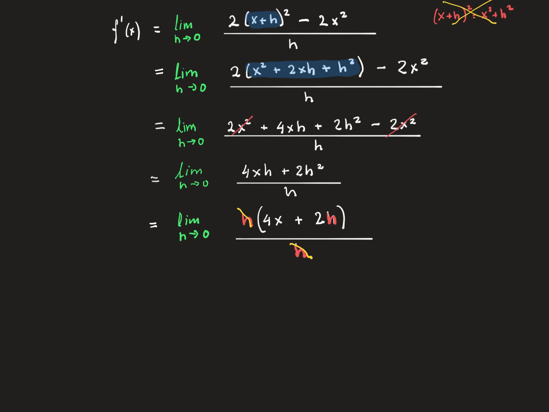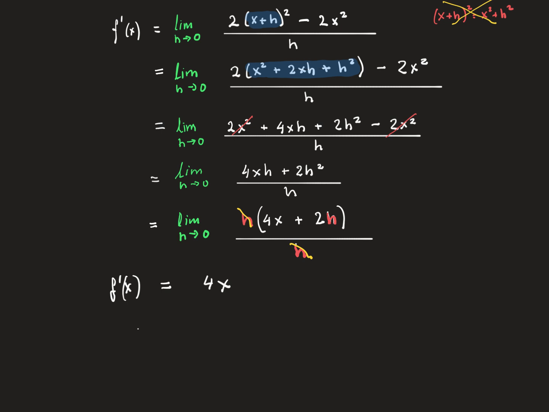Now we can't cancel that h over here because that h still stays here. So now the limit as h goes to 0, we make that h 0. So that will be now equal to 4x. Now notice I no longer used the term limit as h goes to 0, because I've just made h equal to 0, and all I'm left with is 4x. And this is my differential function.